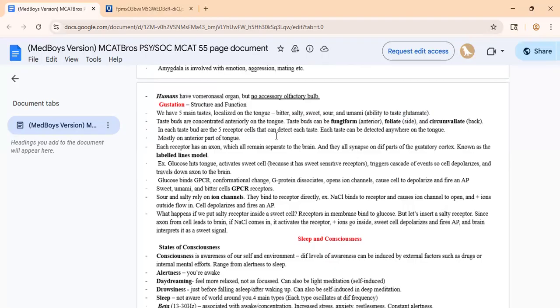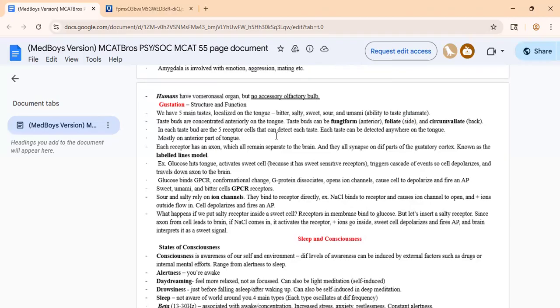Like everything in the human body, you're going to have a cascade of reactions. GPCR is one way: a molecule would bind to the GPCR, opening ion channels, causing depolarization. When we have depolarization, that means we're going to have action potentials happening.